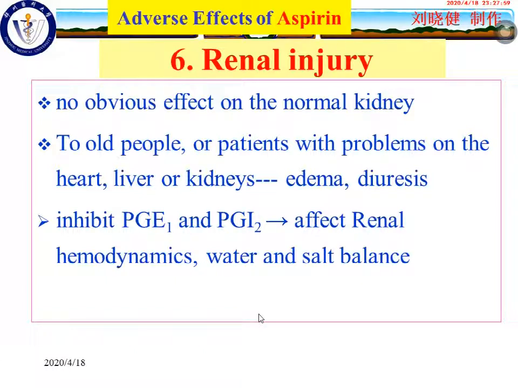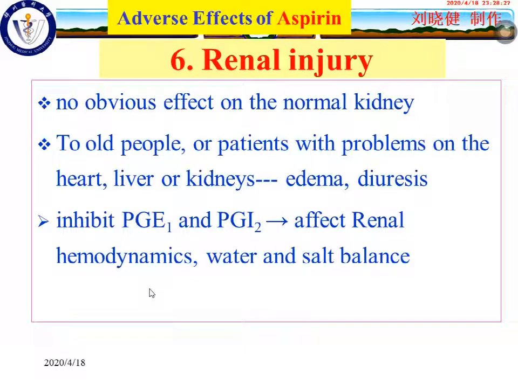It is COX-1. Aspirin also inhibits that COX and then inhibits the synthesis of prostaglandins E1 and I2 in the kidney. Finally, it can affect renal hemodynamics and water and salt balance.